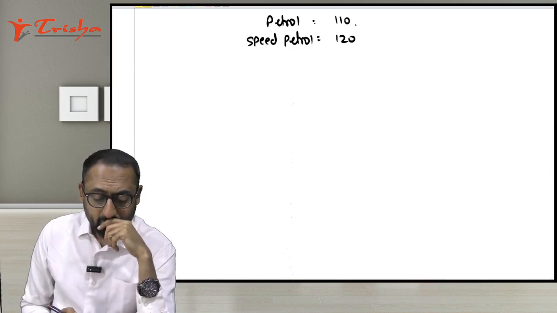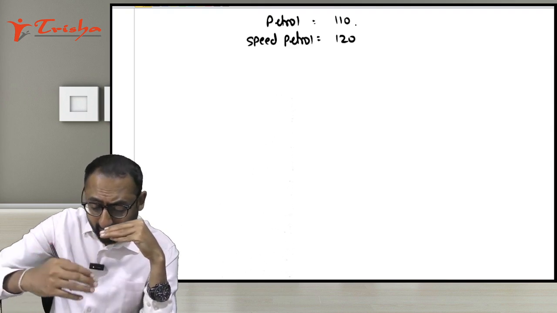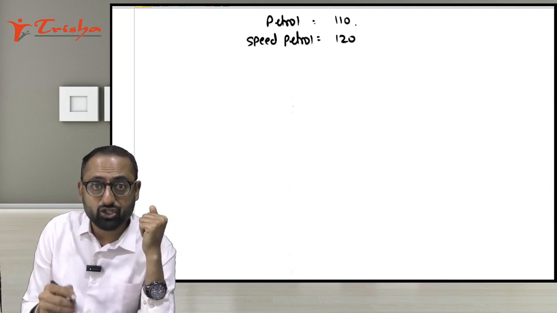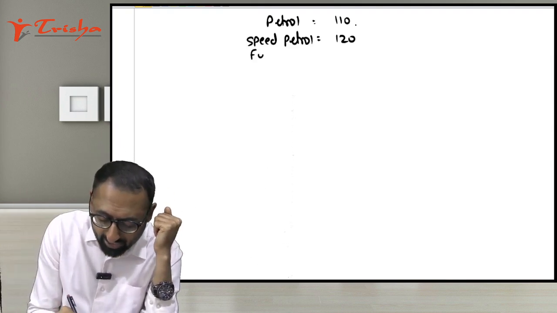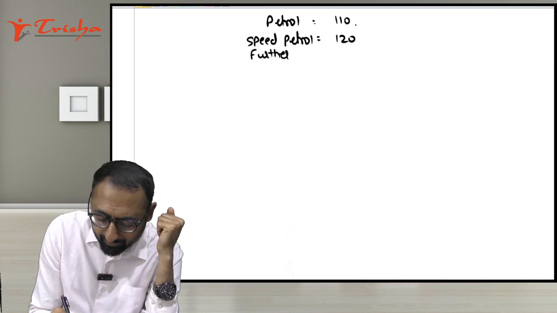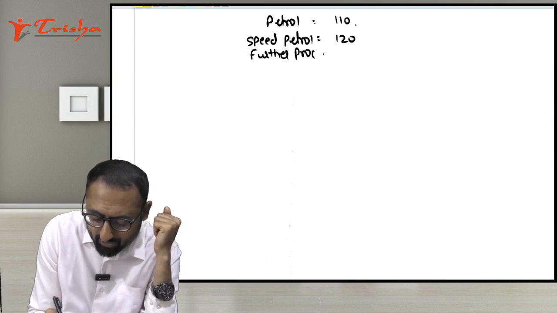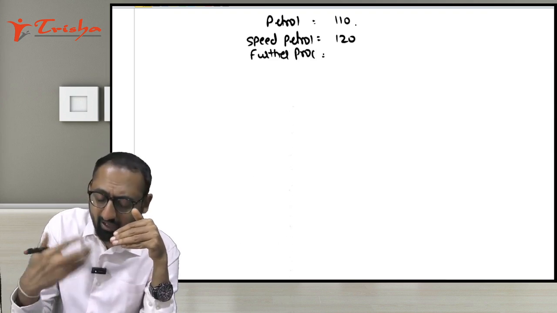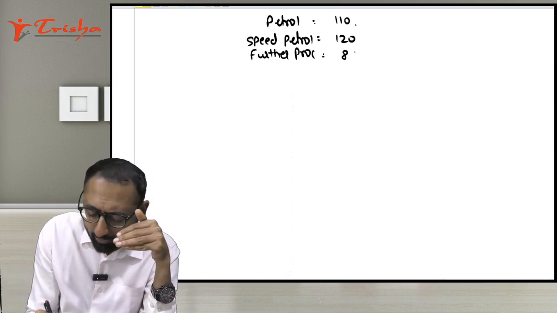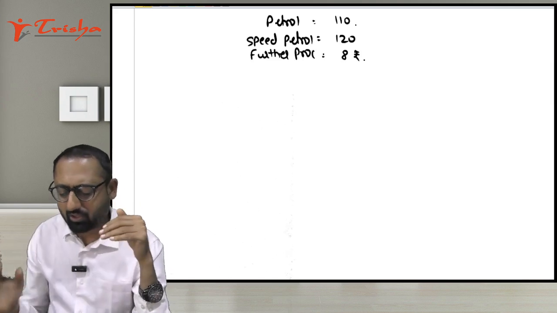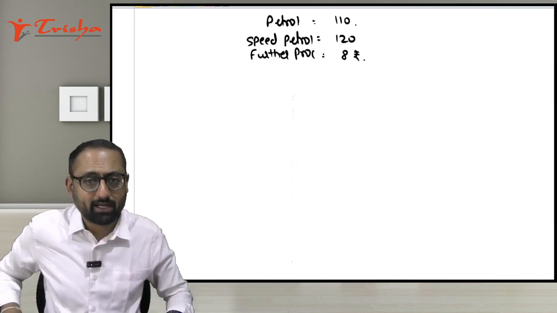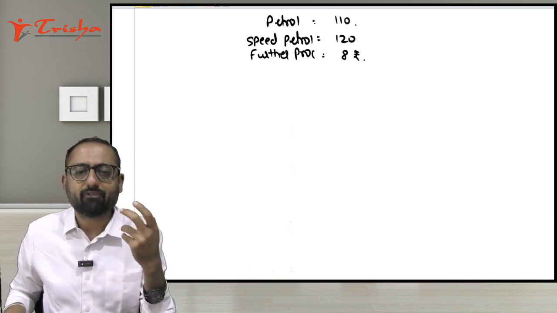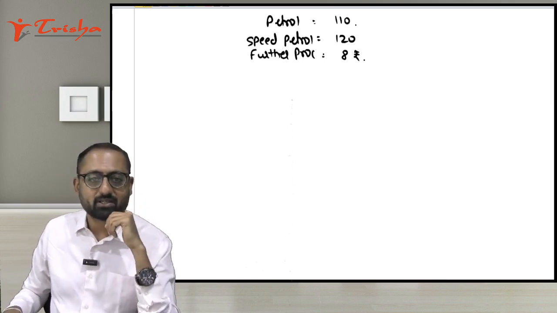But petrol will be further refined into speed petrol. Obviously, you are going to incur additional cost. So they have given a further processing cost. Suppose to convert petrol into speed petrol, you have to further refine it. Something like 8 rupees cost per liter you are going to incur. Now the question is whether the company should manufacture petrol or speed petrol, a point of discussion right now.